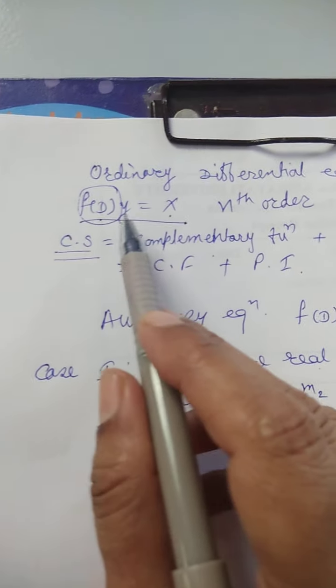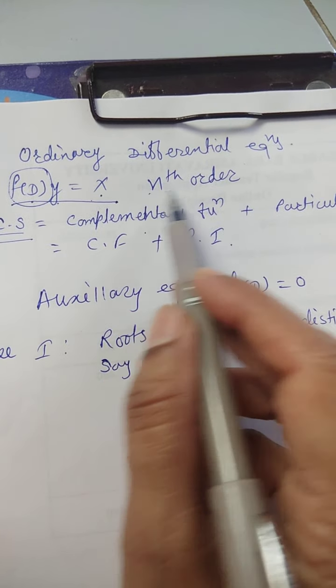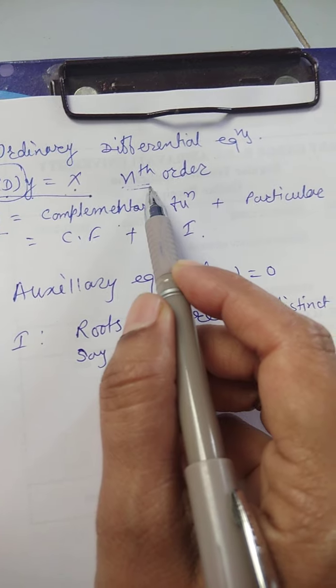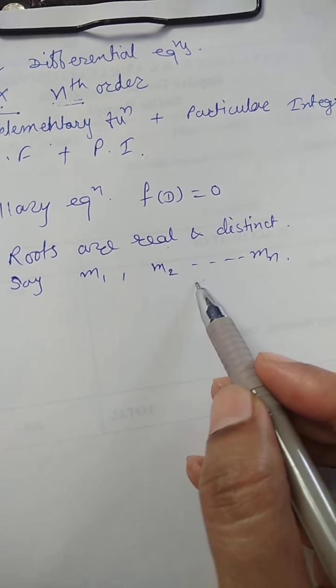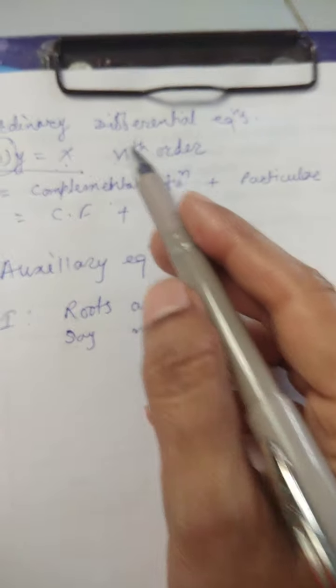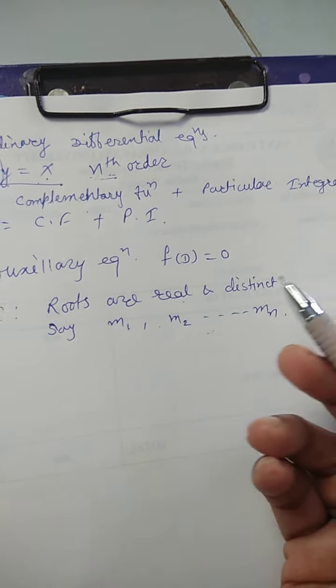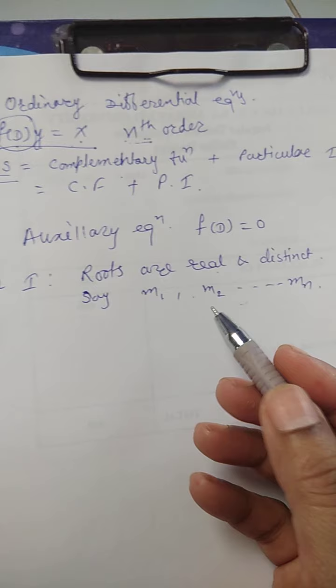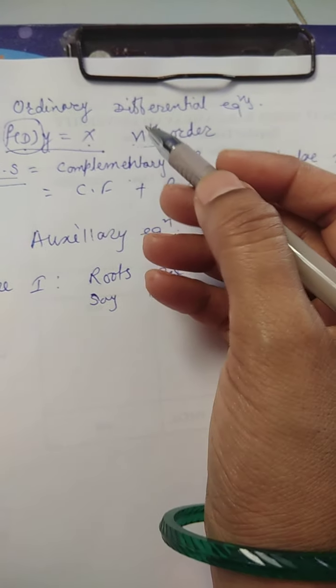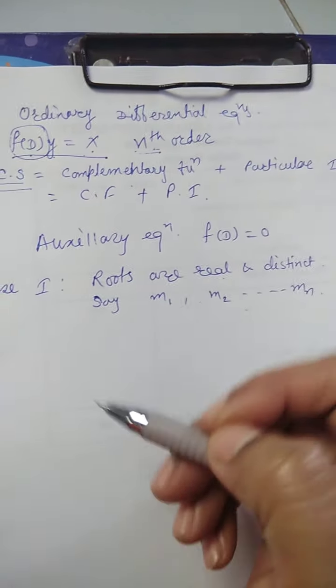As we have considered this f(D)y = X as an nth order differential equation, we'll get n roots. If it is a second order differential equation, then we'll get 2 roots. So the number of roots depends upon the order of the differential equation.